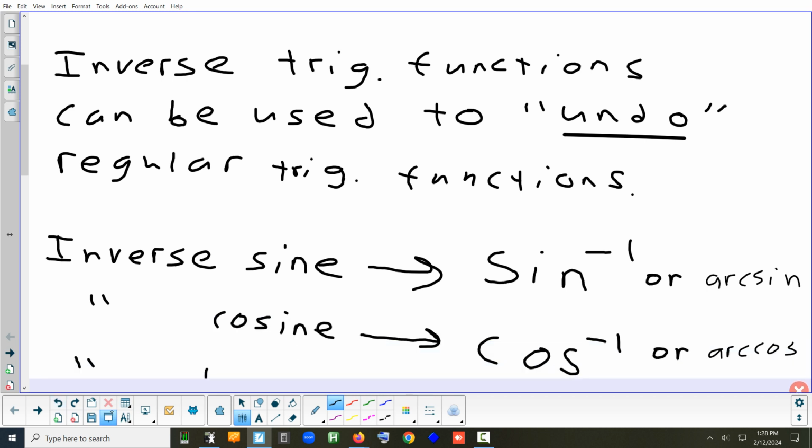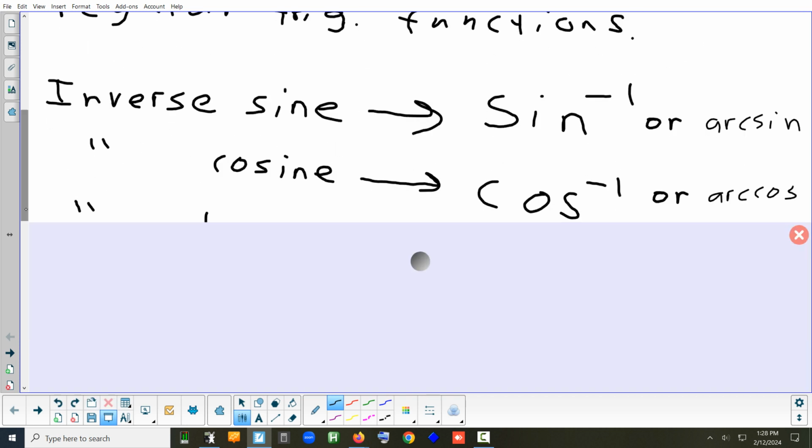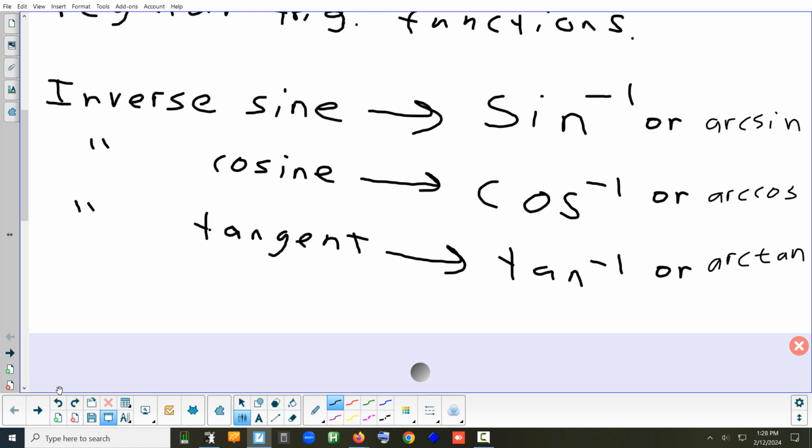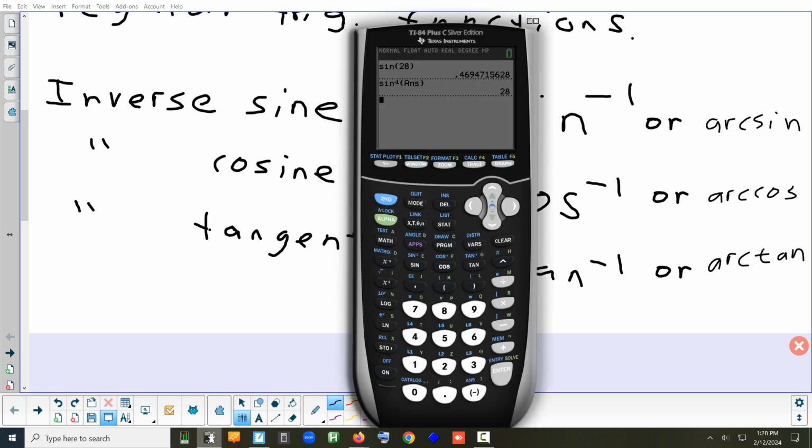We also can do inverse cosine. So it's cosine with the little -1, or you could also say arc cosine. And we can do inverse tangent. Now, I didn't explain as I did it, but the way that I got to the inverse sine, inverse cosine, and inverse tangent, I press second.